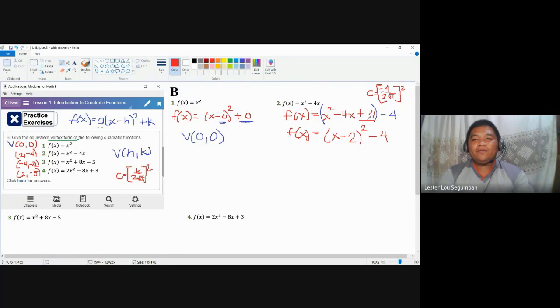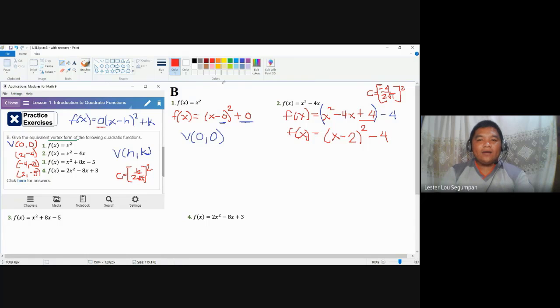So how do we nullify what we added as 4? We are going to subtract another 4, so that 4 minus 4 will just be 0. So we are just adding 0 to the given. But we have completed a perfect square trinomial. We group this, express this group as a square of binomial, leaving 4.